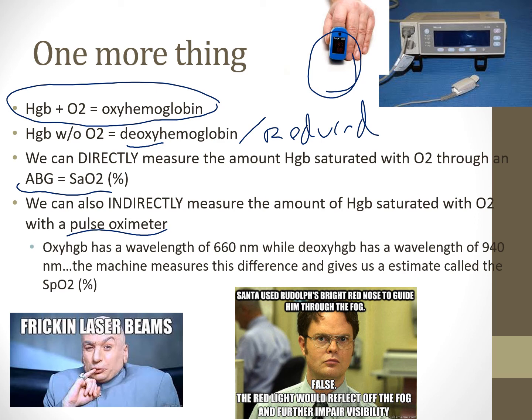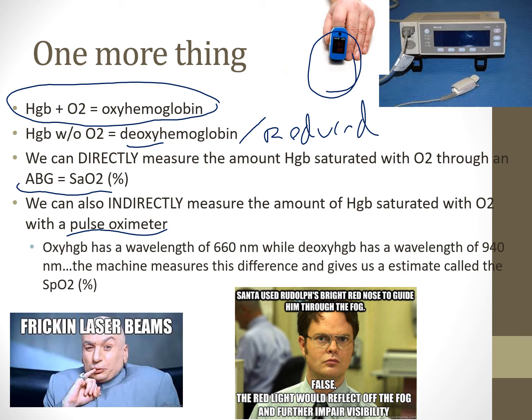So when we directly measure it with a blood gas, that's where you, as the respiratory therapist, will go in and draw a sample of blood from their artery. When we do that, we'll run it through the machine, and the machine looks at their saturation on the hemoglobin molecule. It doesn't just use the light waves. We can also break it down to how much oxyhemoglobin, how much reduced hemoglobin, how much methemoglobin, and so on and so forth.